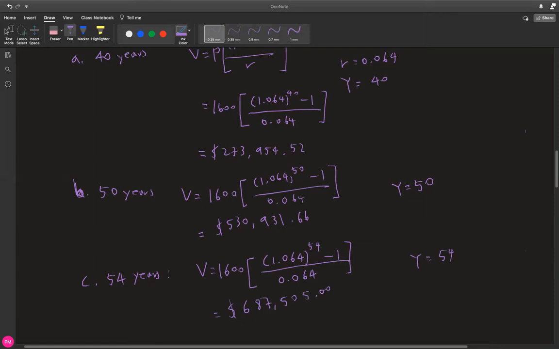So we can see that the years, obviously it's proportional to the number of years contributing, but we should also see that it has an exponential relationship.